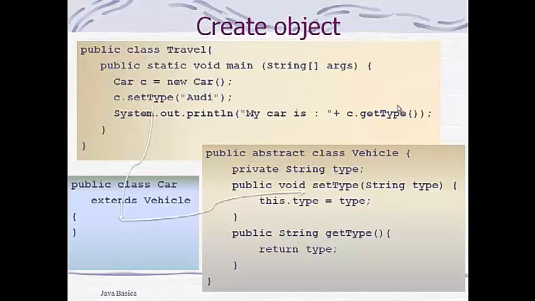So in the setType, this.type means the instance variable type, and type is a local variable. So we are passing the value Audi into the setType, which in turn assigns the value to the instance variable type.